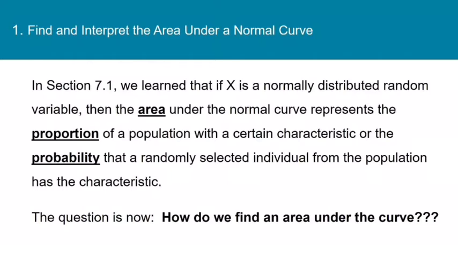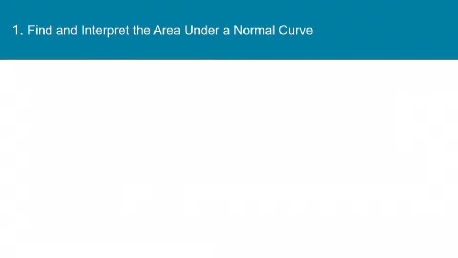As long as we were dealing with the uniform probability distribution, we could just use the formula length times width. But you know the normal curve is not a rectangular shape. So how are we going to find the areas under the curve? Well, at first you might think maybe we could use a formula.